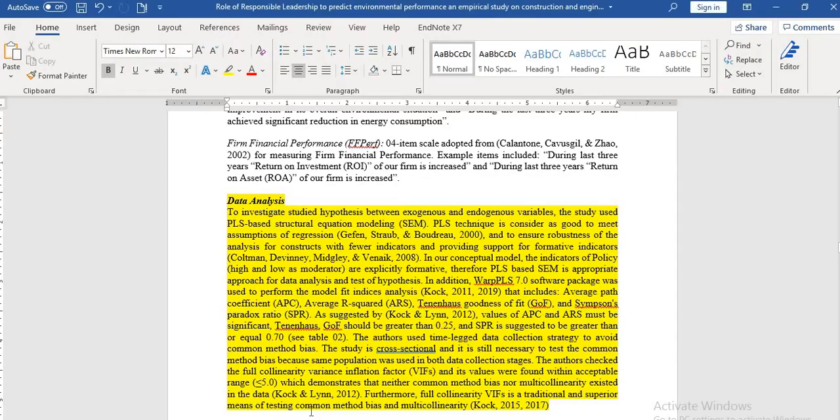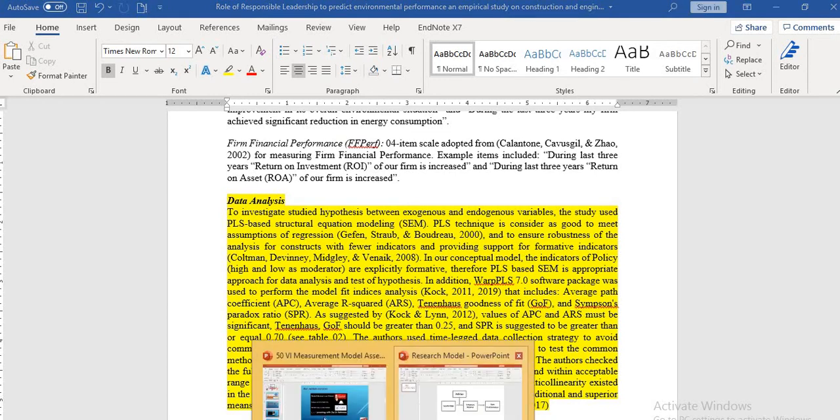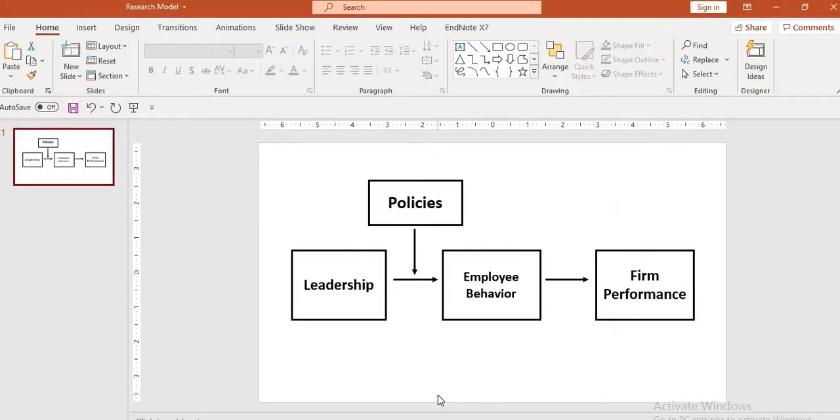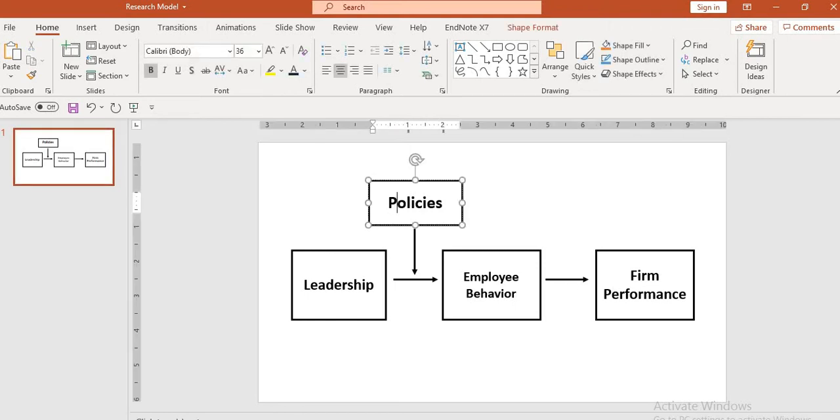Similarly, we have a case study to understand the model fitness in PLS software. We have a model: leadership, employee behavior, firm performance, and moderator as policies.